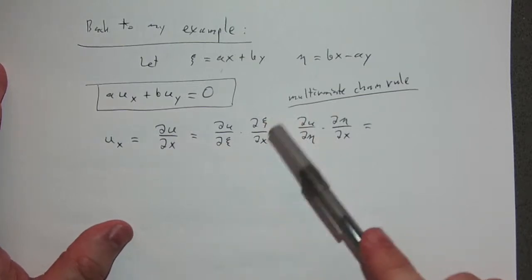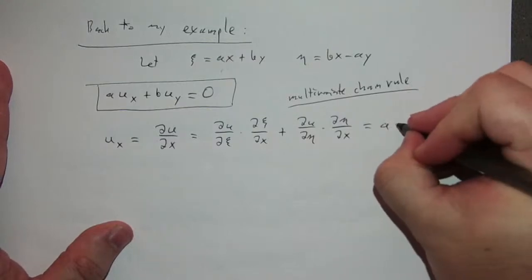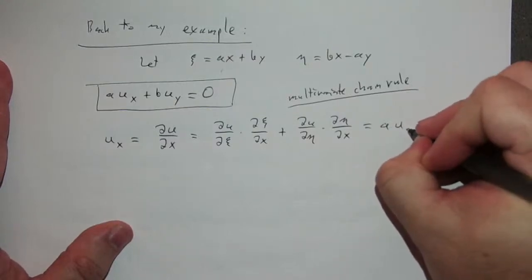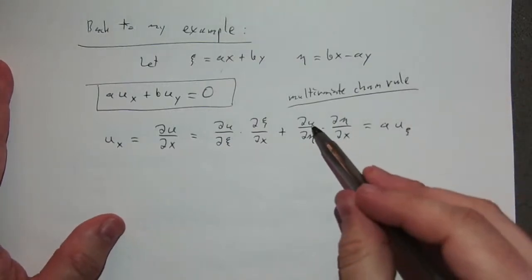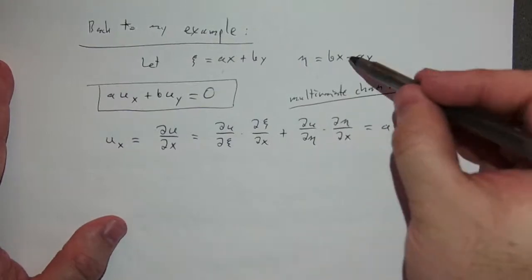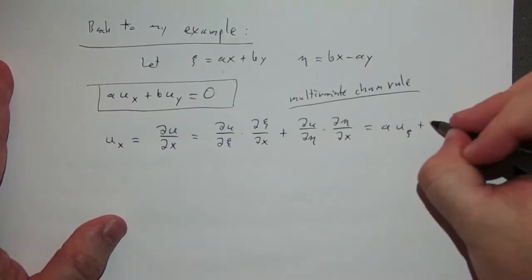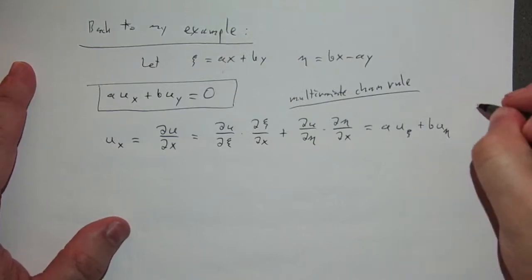Partial of ξ with respect to x is a, so this would be a times u sub ξ, plus partial of u with respect to η. Partial of η with respect to x is b, so this is plus b times u sub η.